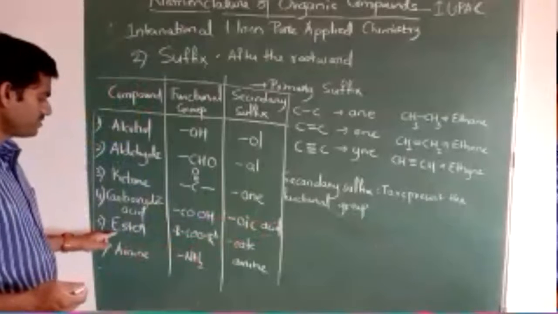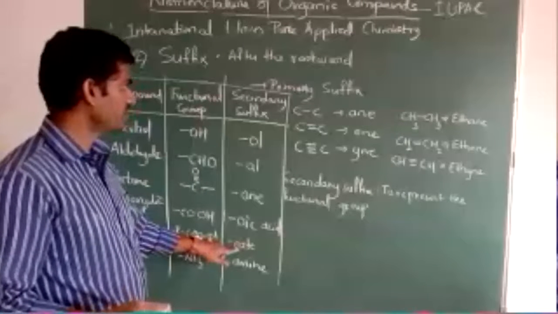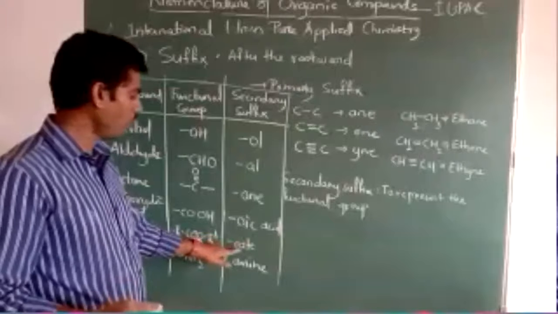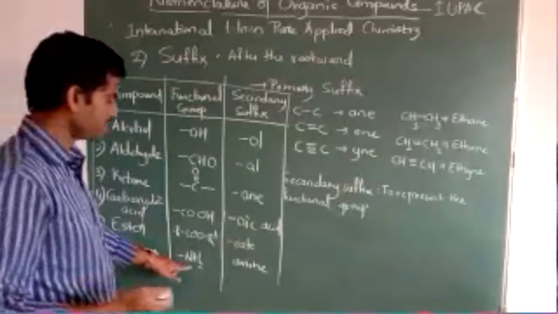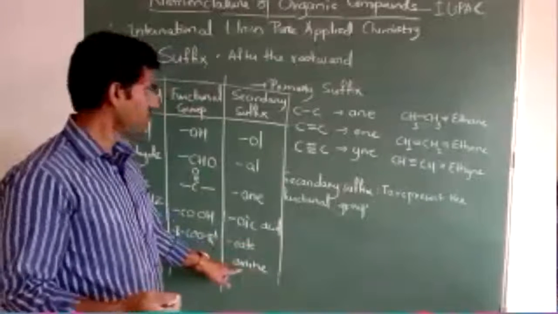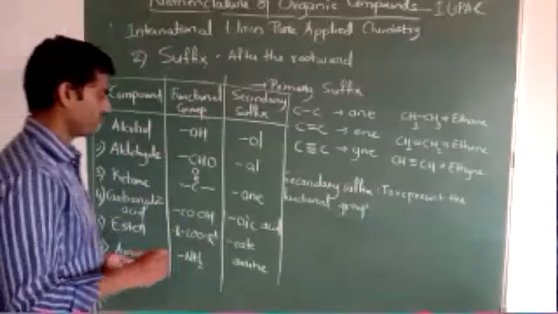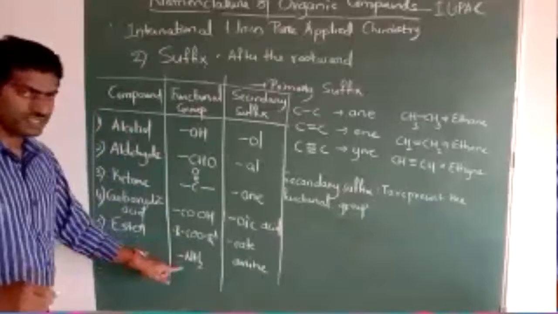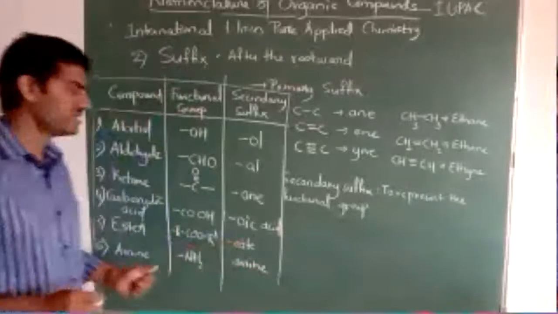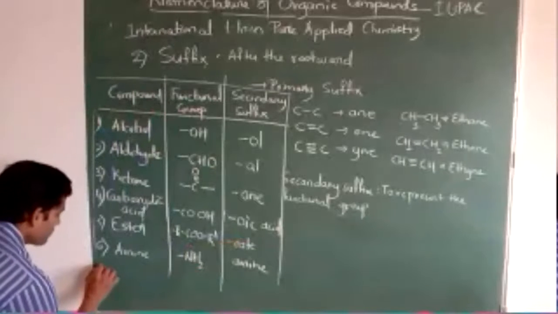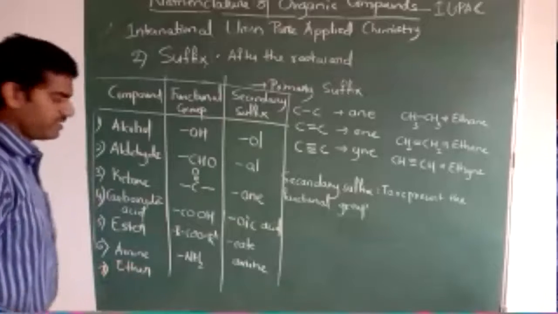Next, ester, that is RCOOR dash, and the secondary suffix is OATE. Next, amine, NH2, and again we write amine only. One more, the seventh one, amide, CONH2. And one more, ether. I forgot that one.